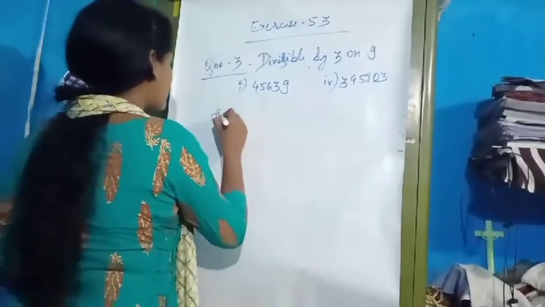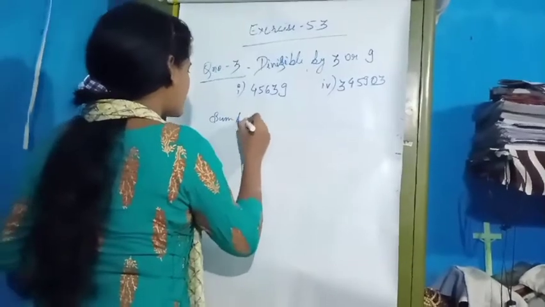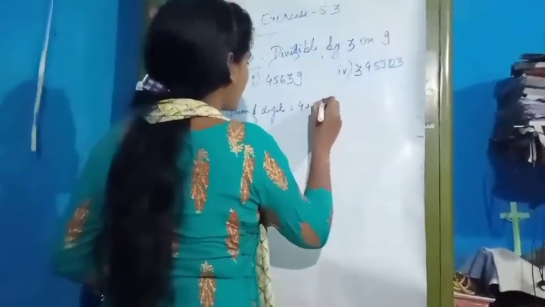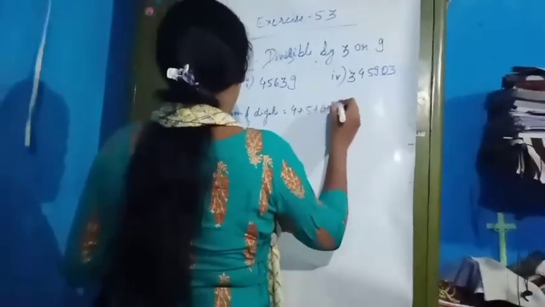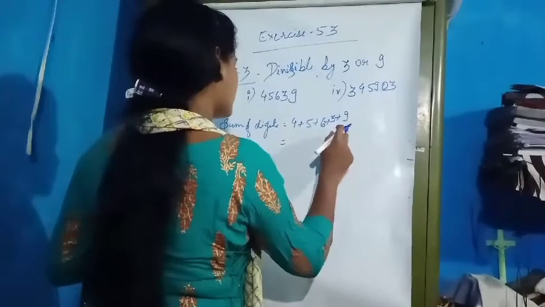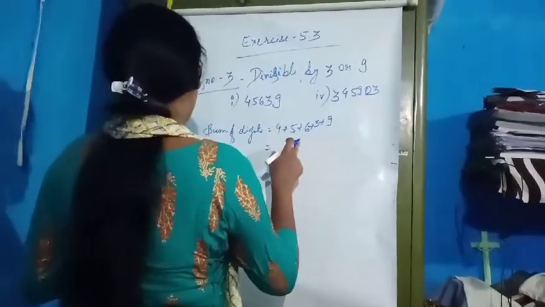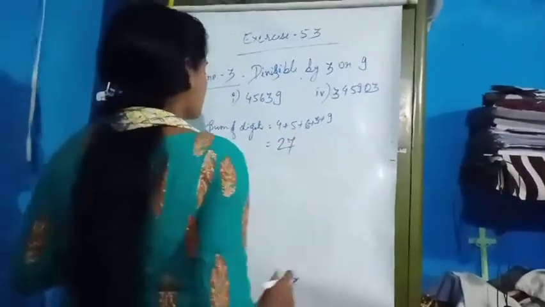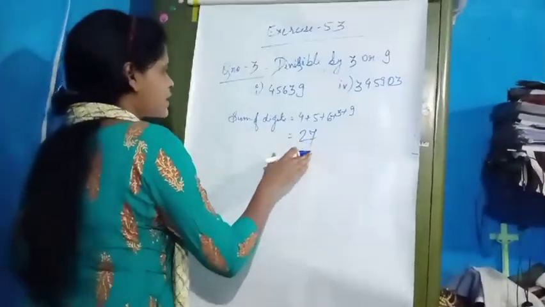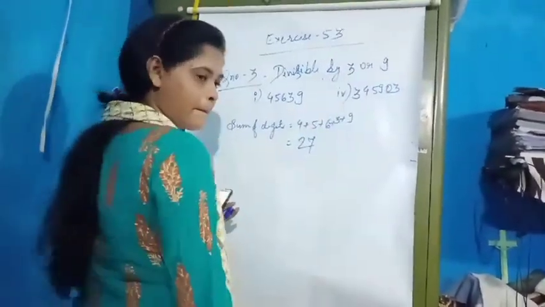So the condition is the same. In the first question, the sum of digits is 4 plus 5 plus 6 plus 3 plus 9. What is the value? 27. Now you tell me, is 27 divisible by 3 or 9?